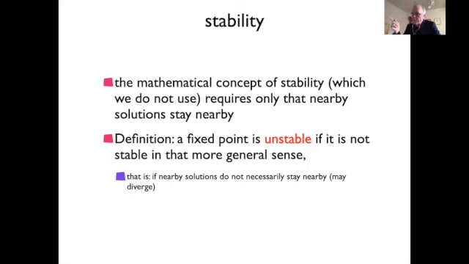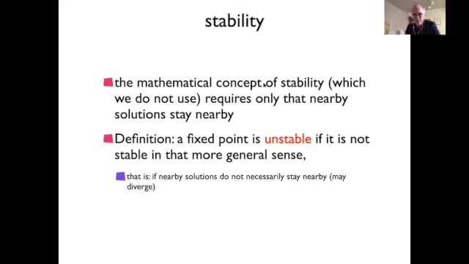And we only need that concept because the reverse of that is unstable. So if a fixed point is unstable, then that means it is not stable in this general sense. And that really means that there are nearby solutions where, when you start in those, you don't stay close. That is, you diverge. Your distance grows beyond, so it does not stay within a bound. Again, this can be made more formal.